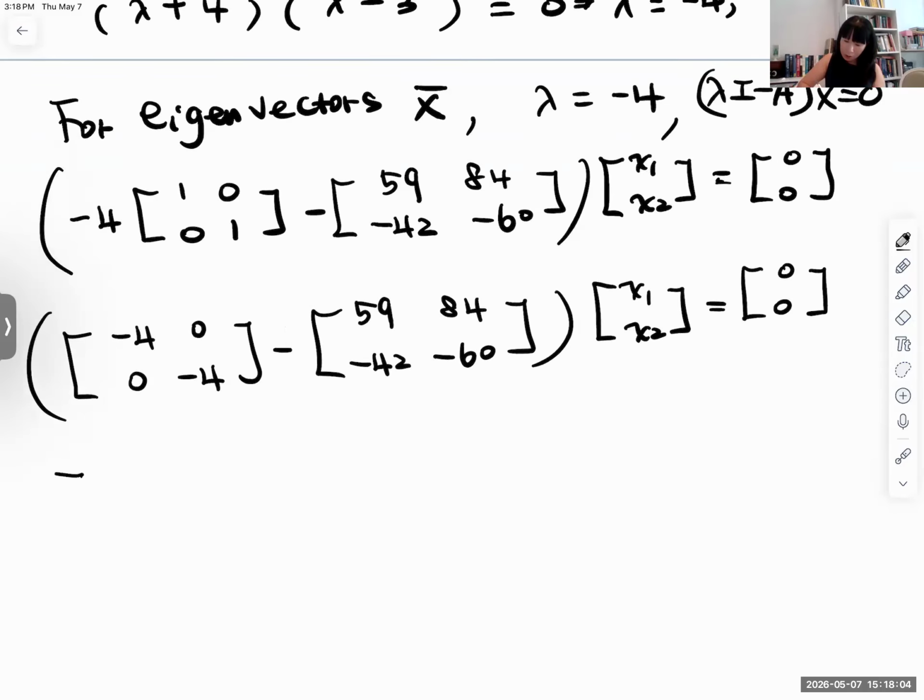Now we calculate: negative 4 minus 59 is negative 63, then negative 84, then positive 42, and negative 4 plus 60 is 56.